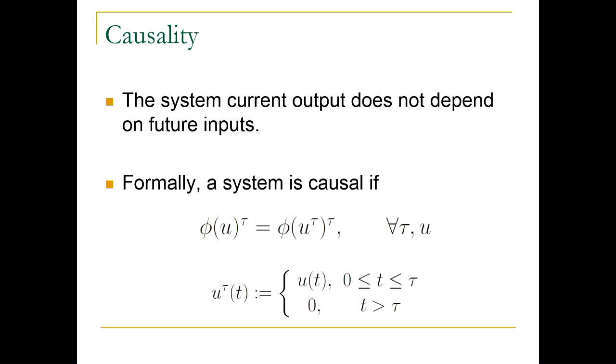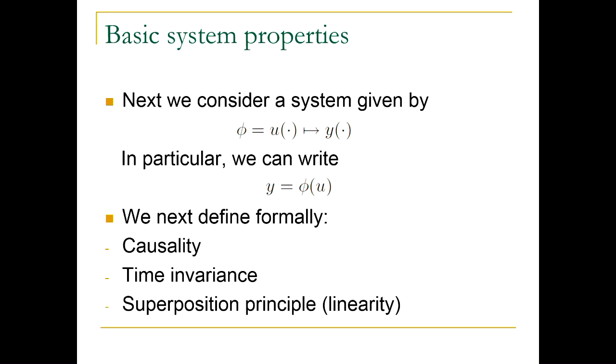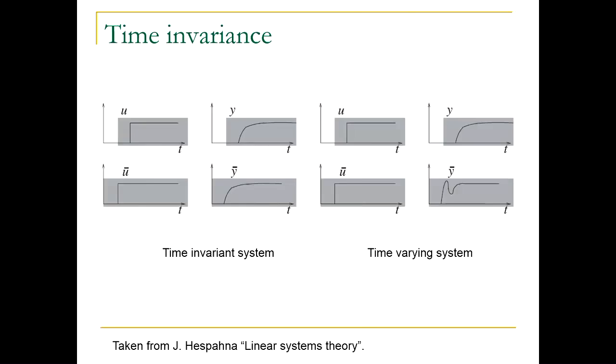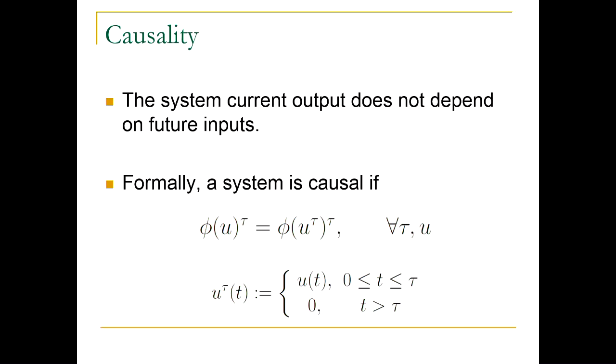So what is the first part? Well, phi of u is my output. I remind you that in this lecture, we will use this abstract representation of a system model. So sets of inputs are mapped to sets of outputs using this mapping, phi. So phi of u is really my output y. So what does this mean then? This means that I'm considering the output of the system truncated in this way using this definition.